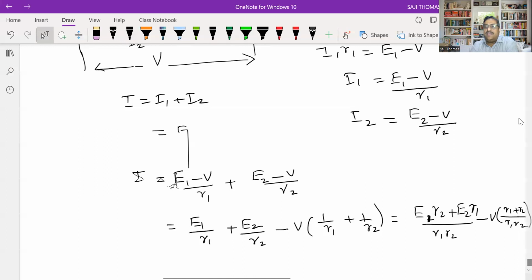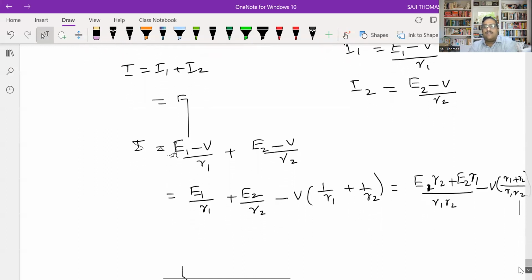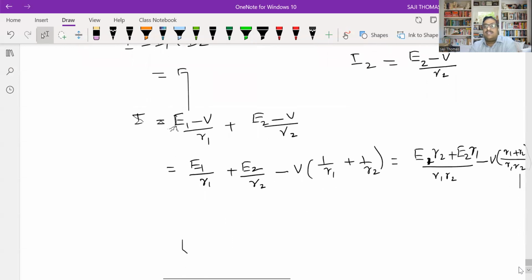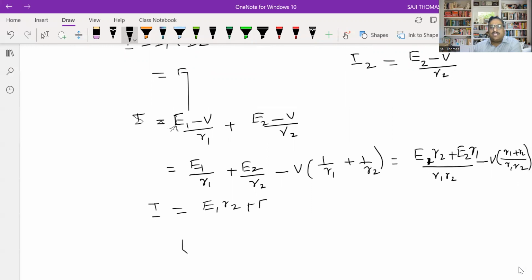Sorry, this is the equation for the current, total current. So I equals (E1 R2 plus E2 R1) divided by R1 R2 minus V into (R1 plus R2) divided by R1 R2.